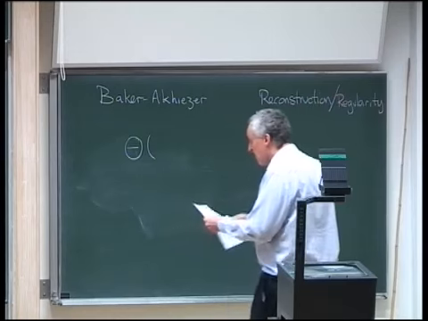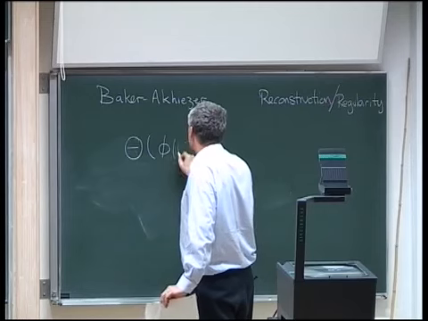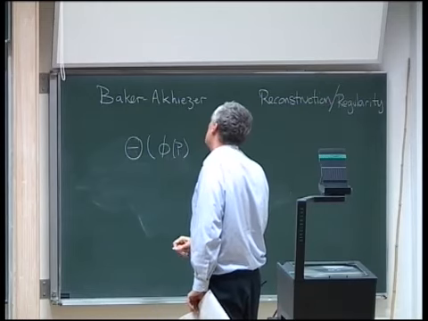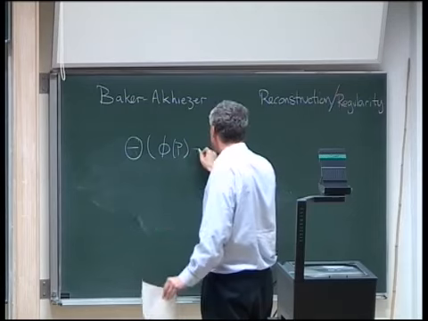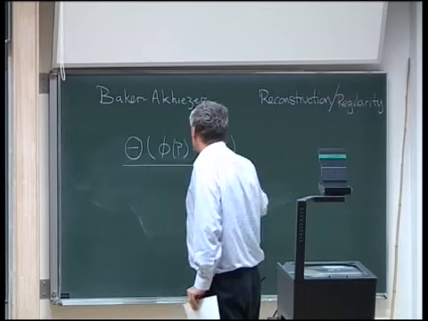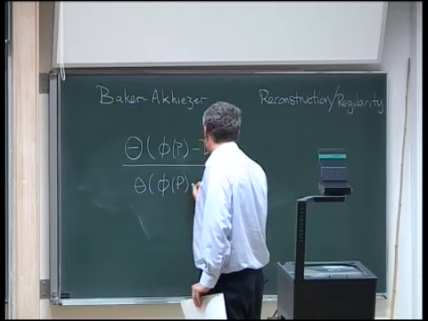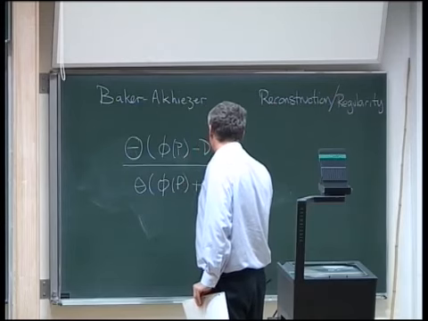The key is that all Baker-Akhiezer functions essentially are built out of 1 theta in the numerator and 1 in the denominator. So phi here is the Abel map that I'll have to come back to at some stage.